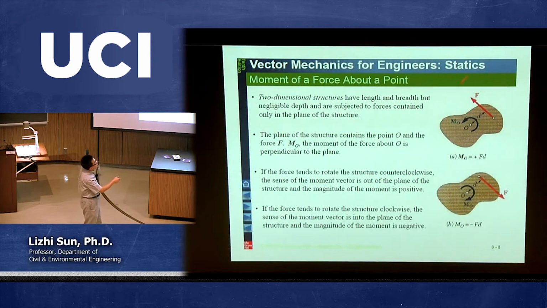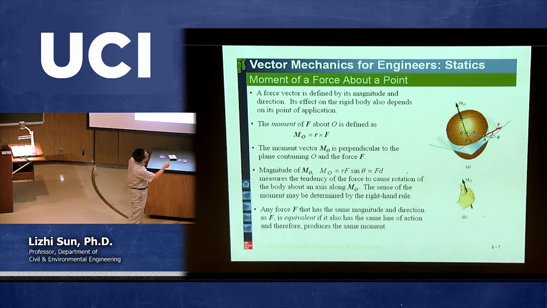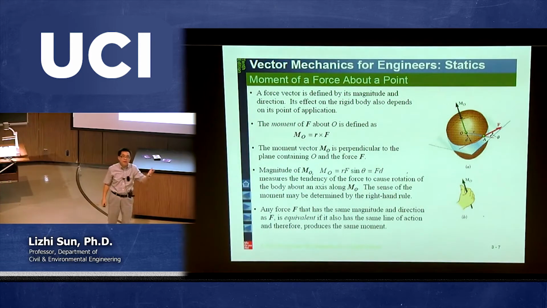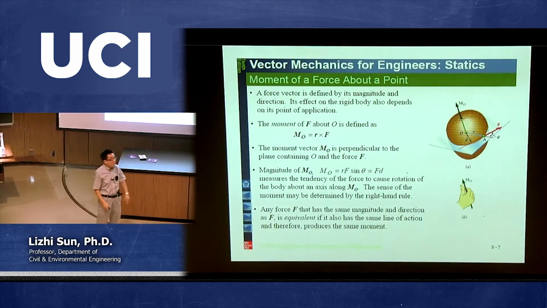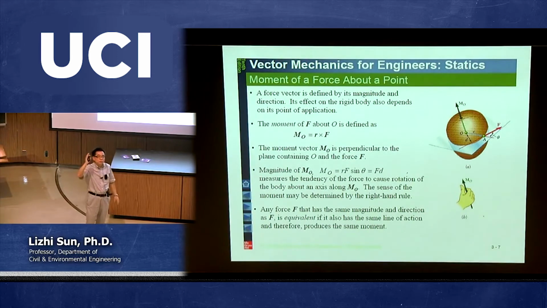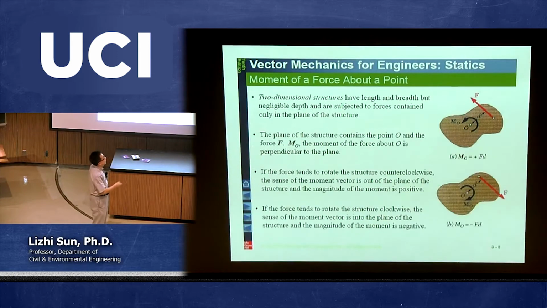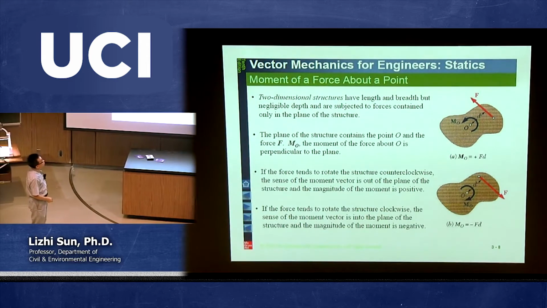However, for most two-dimensional problems, we're not going to use that equation. Instead, we're going to use this one to characterize the magnitude, and then we're going to use the right-hand rule to characterize the direction. Okay? But I'm not saying you have to use this. You can use the original definition. That's why sometimes you need to know both of them.